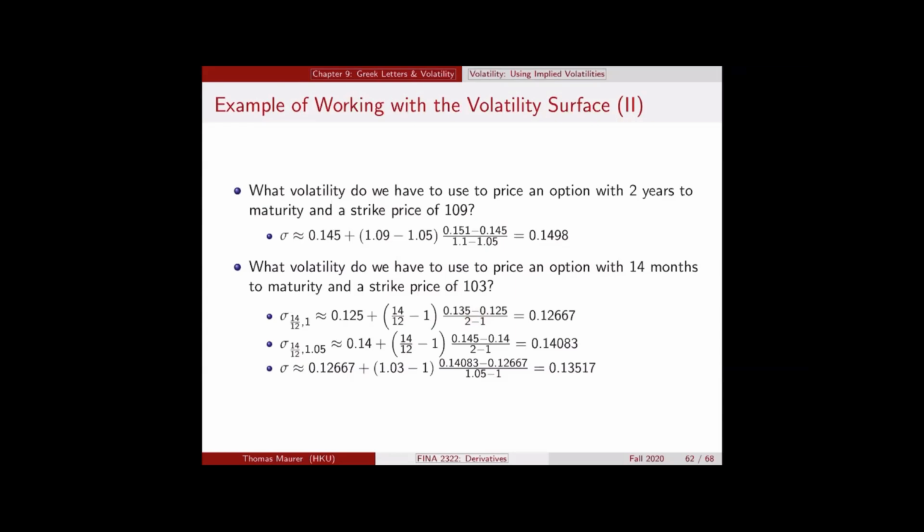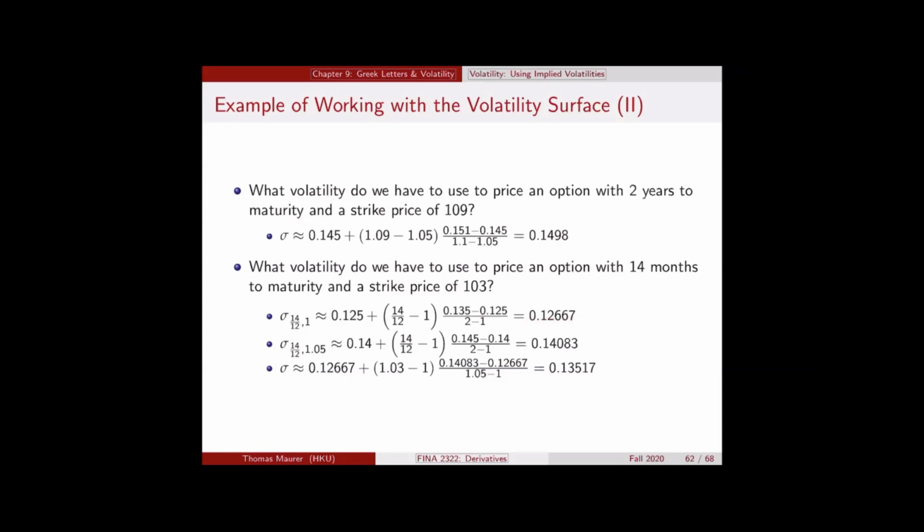I want 14 months, so I have to move from the 1 year maturity by just 2 months. 2 months times that slope is the additional volatility which I add to the volatility of the at-the-money option with 1 year to maturity. So that's the volatility I would use for an option which has 14 months to maturity and is at the money.